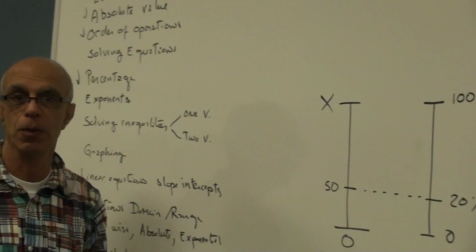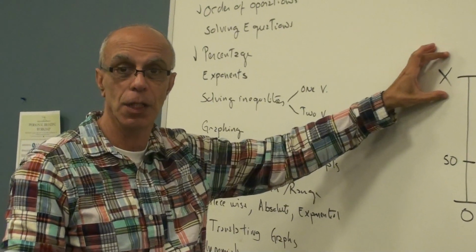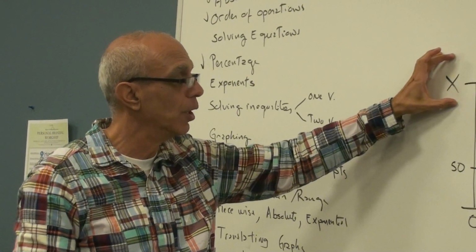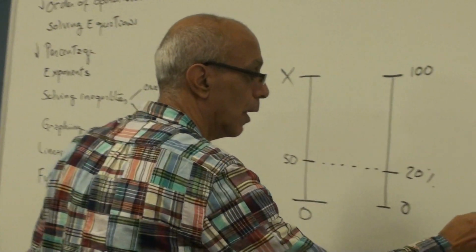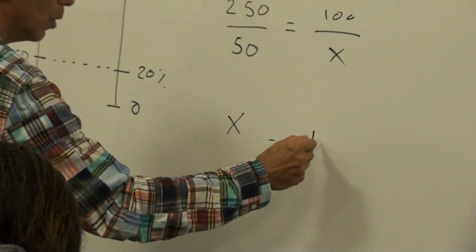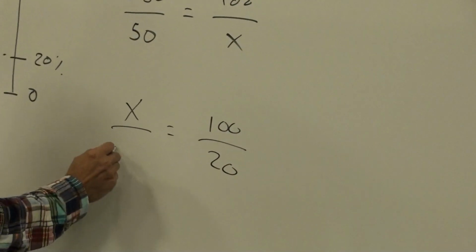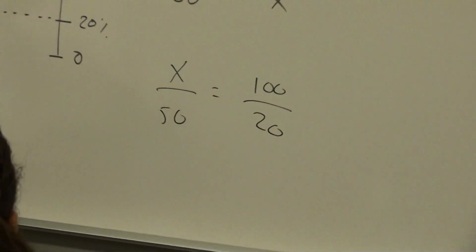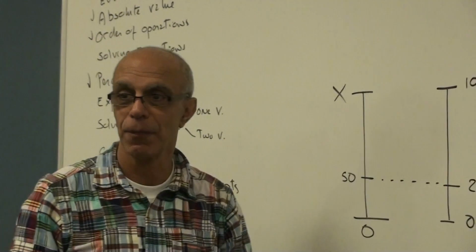I want to figure out what it is, okay? So the total is the unknown, so I put the variable here, and I make the proportion: x is proportional to the 100, and here I have 20%, and here I have 50. So in this case, I'm calculating the total. Is that okay?